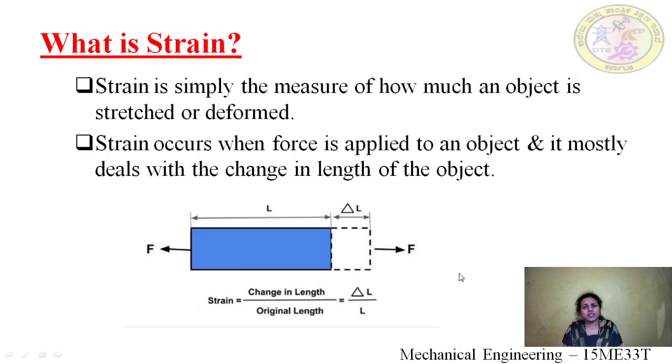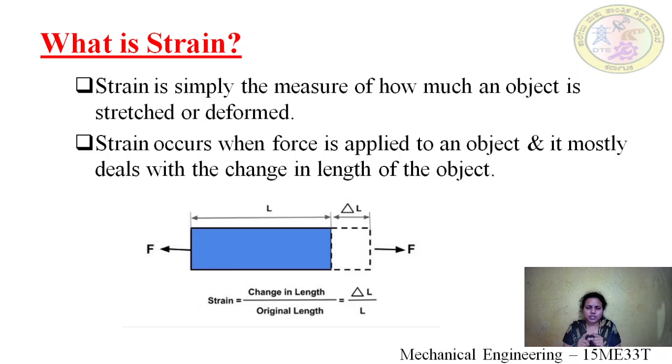I already said strain is simply a measure of how much an object is stretched or deformed. Stretching and deformation don't happen accidentally. Something is going to happen before that. When a force is applied to an object, if it is a tensile force, stretching will take place.